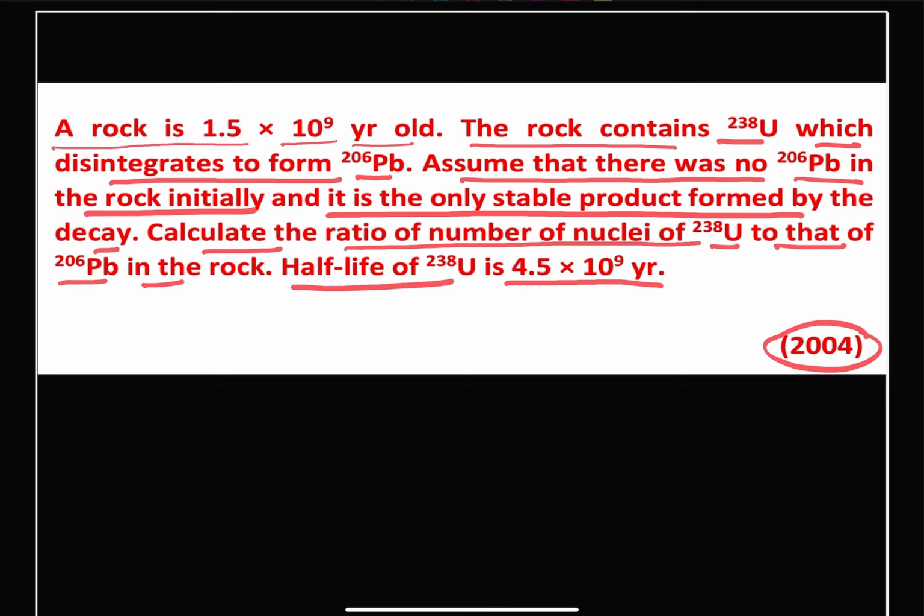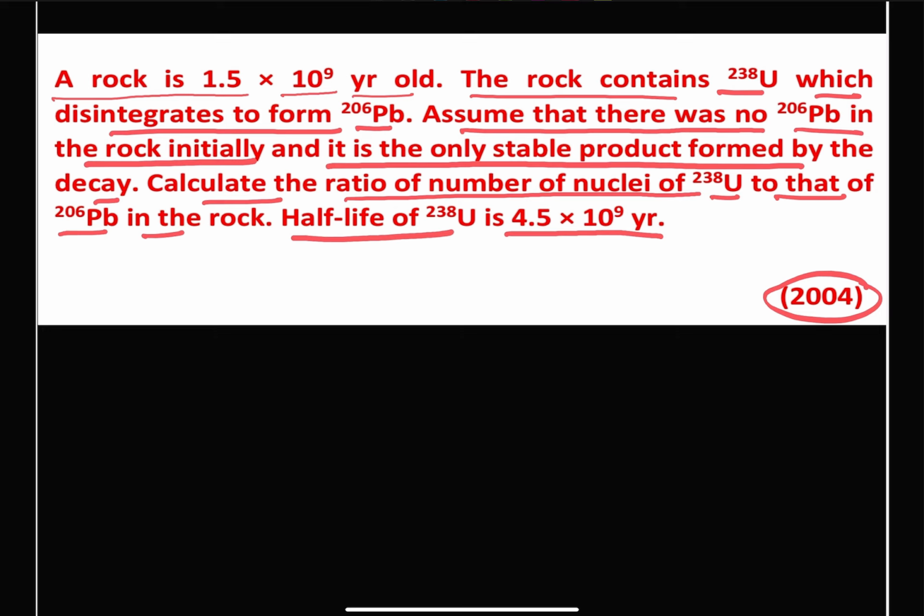So in this case, it says that the age of the rock is given. So we can say that T is given to us. So we have age of rock, which is supposed equal to T, given as 1.5 into 10 to the power 9 years, and half-life of uranium is given.